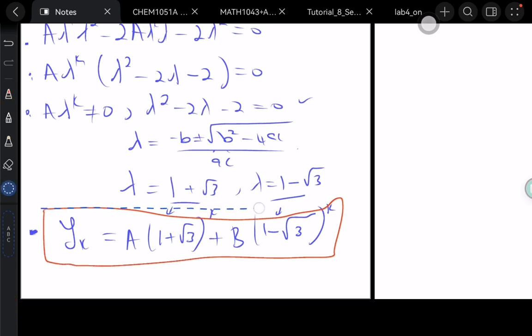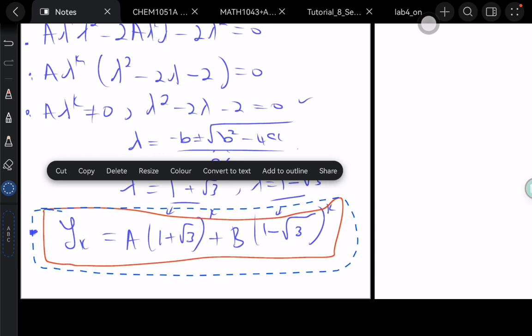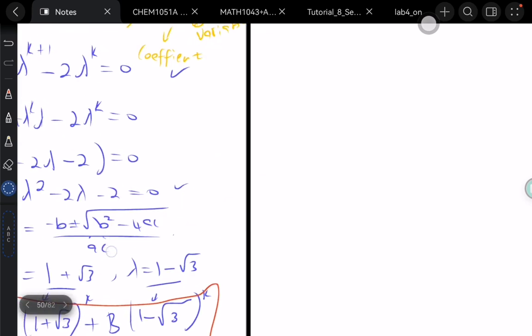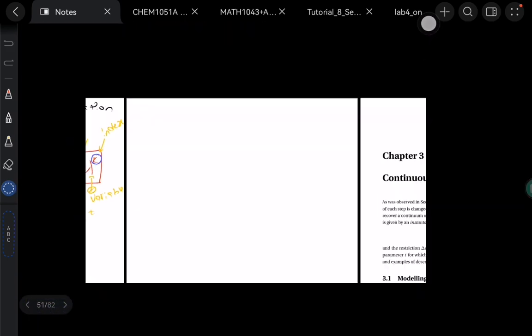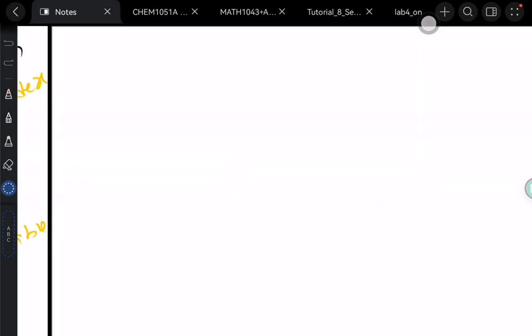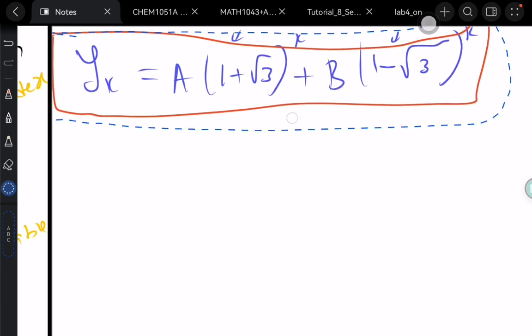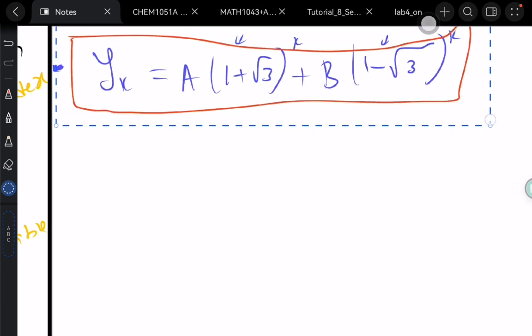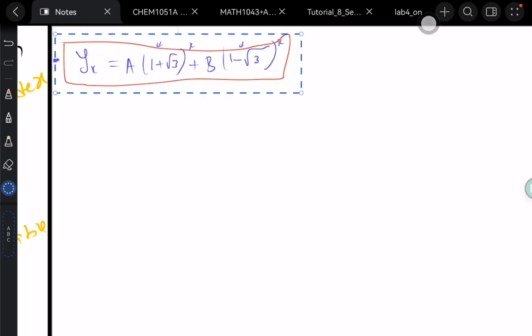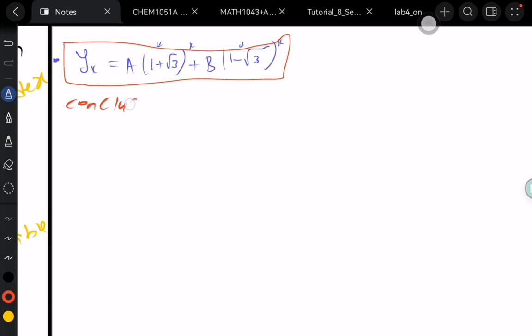To conclude this, I will have to solve for the value of a and the value of b.